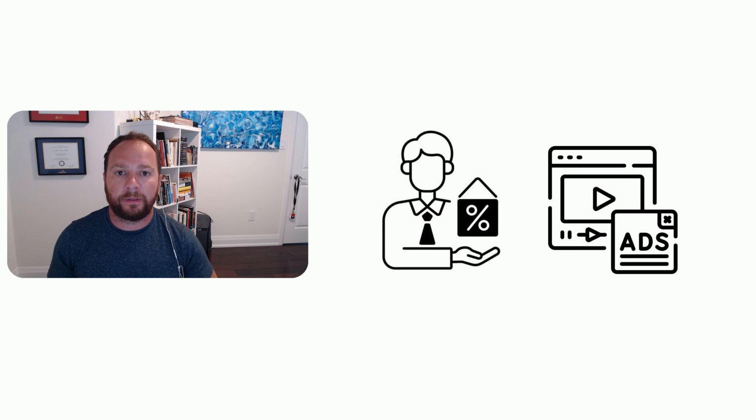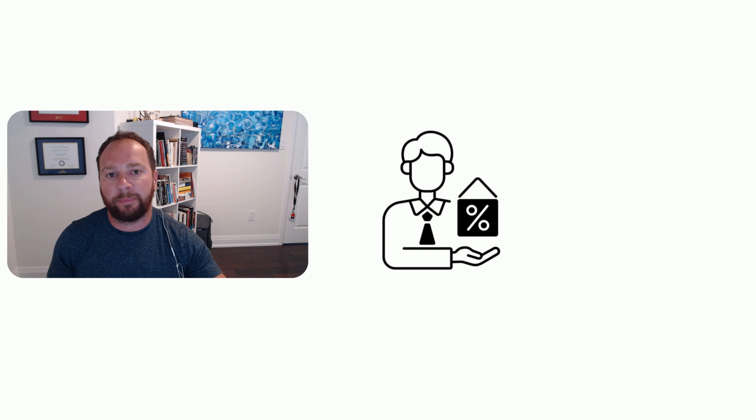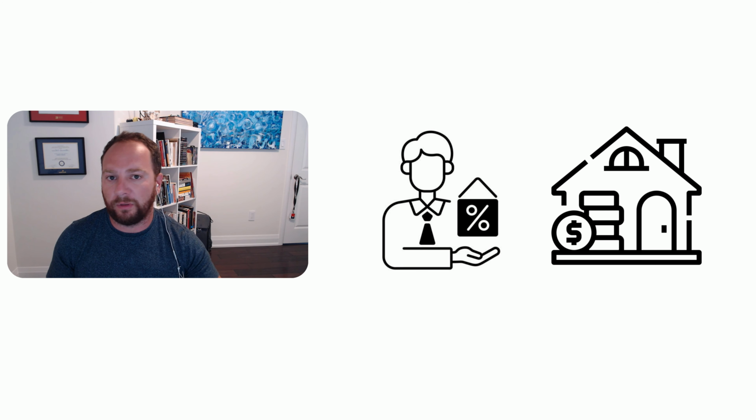Afterward, these prospects might take the next step by visiting the mortgage company's local office to meet with a loan officer, discuss mortgage options, and initiate the application process. Eventually, some of them secure mortgages and purchase their dream homes. In the scenario, while the initial interaction with the mortgage company occurred online through ad clicks, the ultimate conversion, the home purchase, actually happened offline.